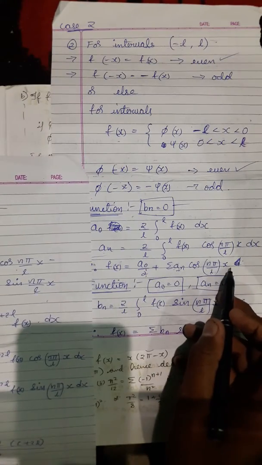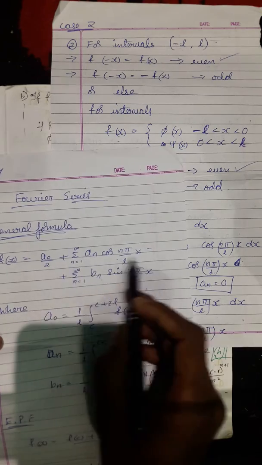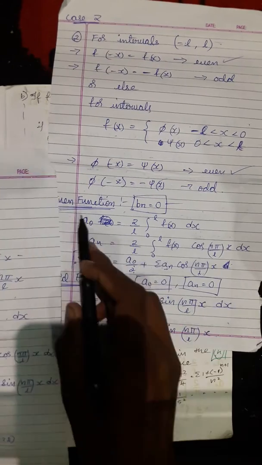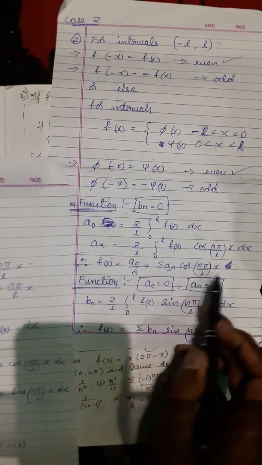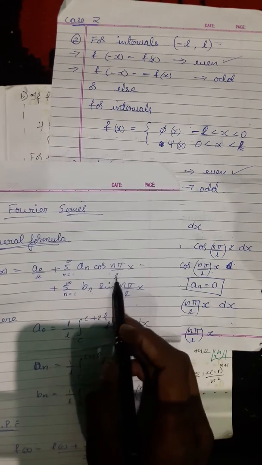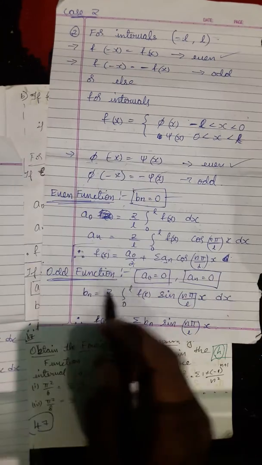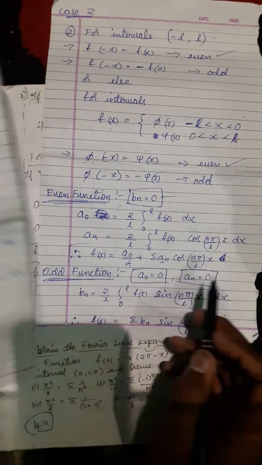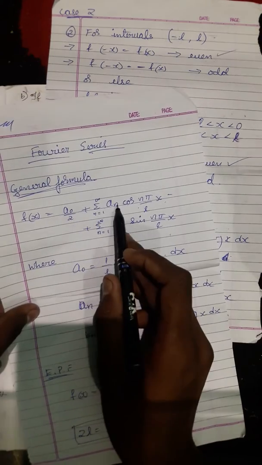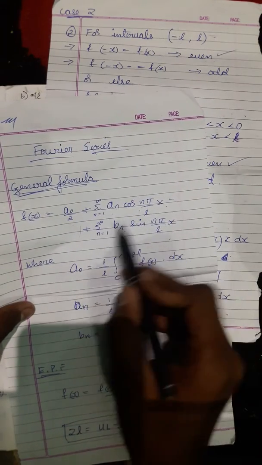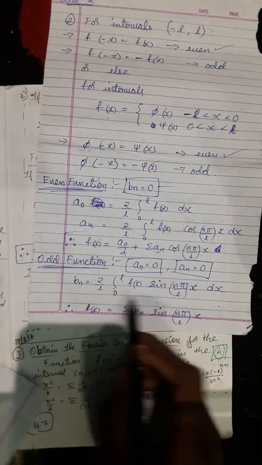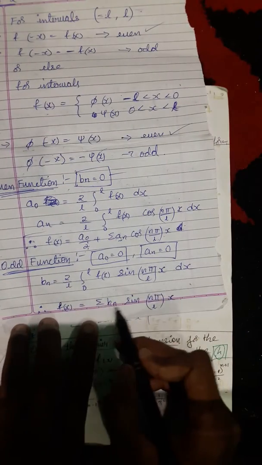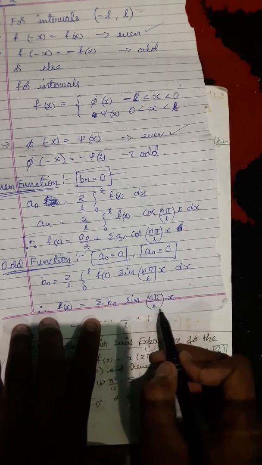So we have neglected the second term and written only the first term in case of an even function, that is a0 by 2 plus summation of an cos n pi by l into x. For an odd function a0 and an are 0, so the remaining term is summation of bn sin n pi by l into x.